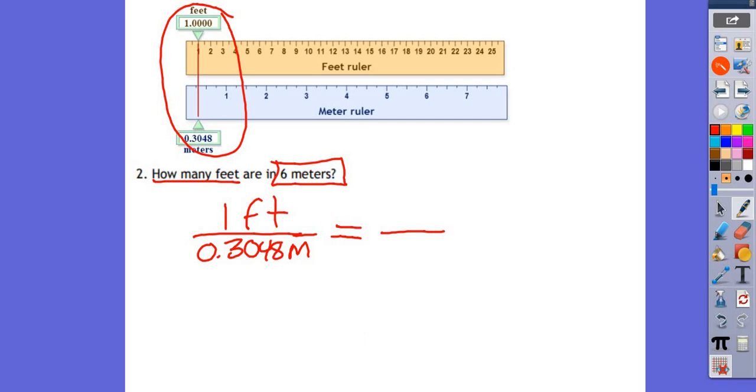The top or the bottom? Bottom. So 6 meters is plugged into the bottom here, and I want to know how many feet. Do I know how many feet right now? No, ma'am. So what can I put here? I need something. Question mark. Okay, X, but we're big kids now, so we put variables.